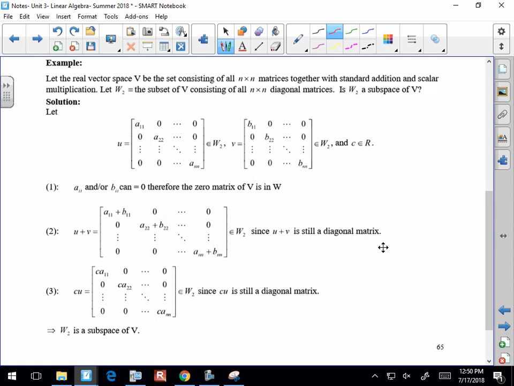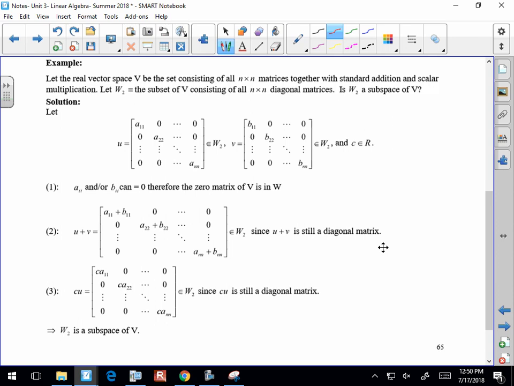So if I take any two diagonal matrices and add them together, I'll still get a diagonal matrix. Since we're dealing with real number systems still, the values along the diagonal could themselves be equal to 0, so that would allow it to be the 0 matrix, so that's checked out. And if I multiply a diagonal matrix by a scalar, it's still going to be a diagonal matrix. So we have it covered here, therefore it is a subspace.